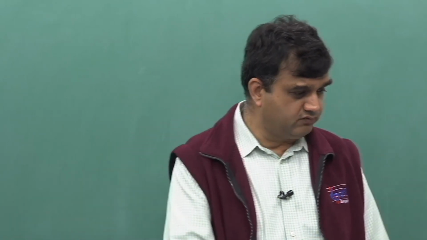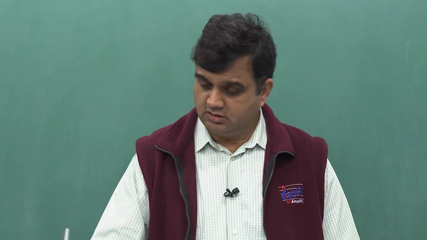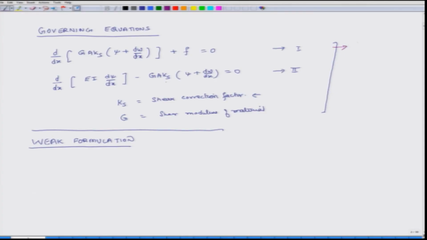So, that is what we will do here, and because we have two equations, we will have two statements for weak formulation. So, the first equation we are going to multiply by a weight function called W1, and the second equation will be multiplied by another weight function called W2. Okay.